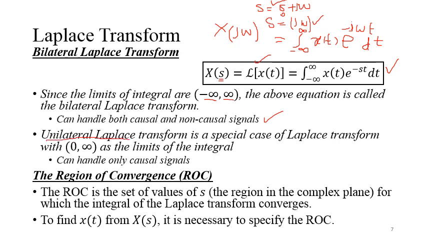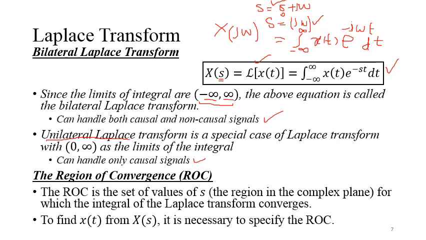In the unilateral Laplace transform, we have the limit of integral from 0 to infinity, and it can handle only causal signals, whereas bilateral can handle both causal and non-causal signals, right?